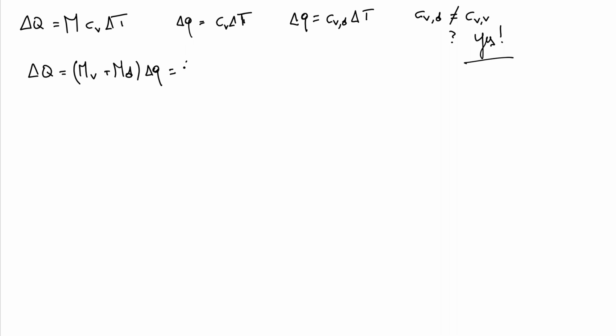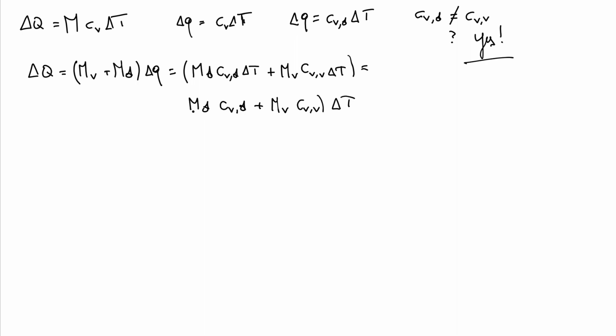And this will be related to changes due to the dry air, md CVD delta T, plus mv CVV delta T. Now we can collect the delta T, and this becomes (md CVD plus mv CVV) delta T.